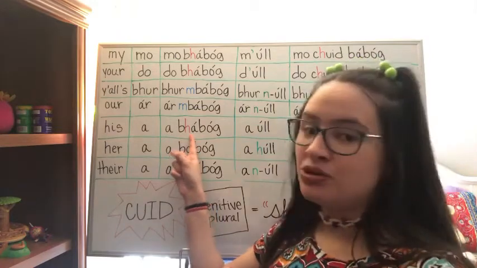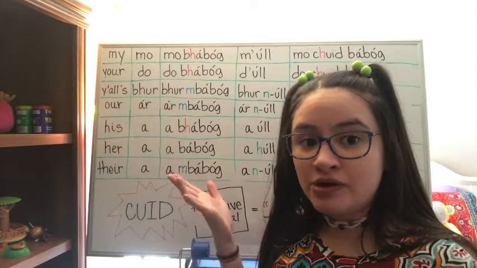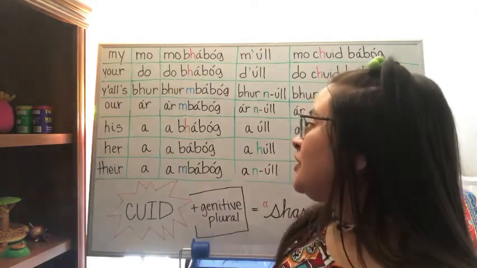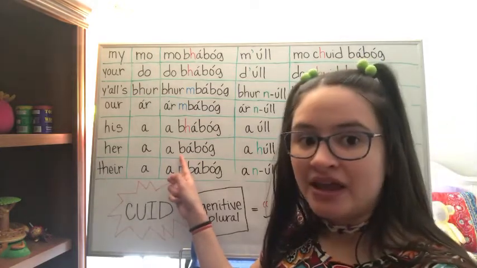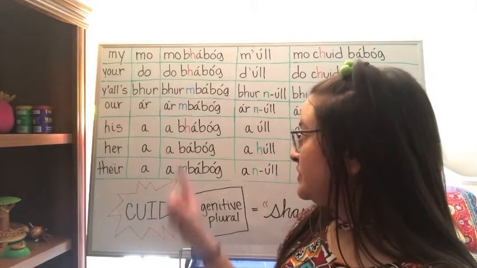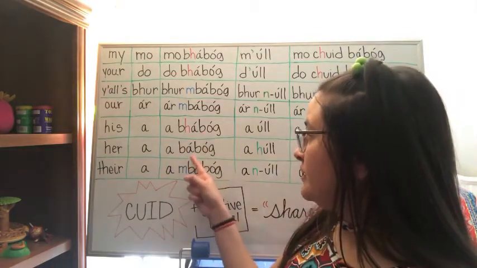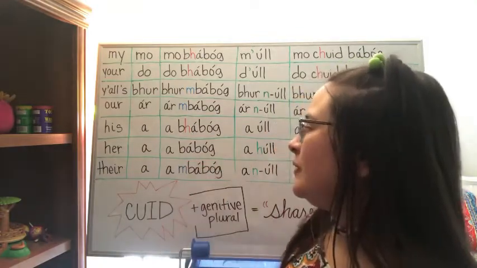Well, what did we do to the word babóg? We added an H, and we put it through lenition. Her doll is a babóg. The difference is we do not lenite this. So, a bhabóg, a babóg. We can tell the difference easily between his and her now.